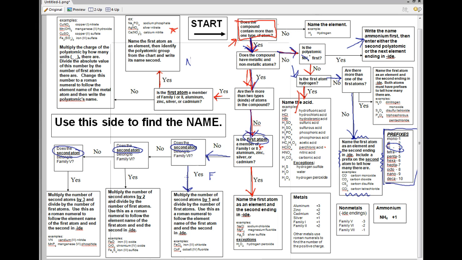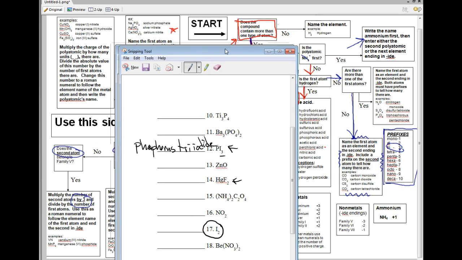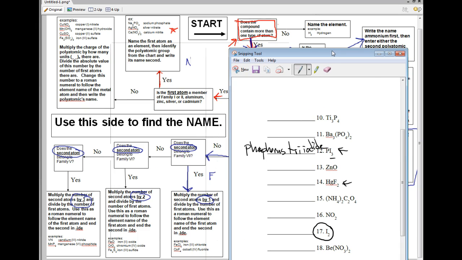So I'm now down here in this box. This might sound a little bit familiar, but multiply the number of second atoms by 1. It seems ridiculous, but it follows this pattern. If you look here, we might multiply by 3, by 2, by 1. So the second atoms I multiply by 1. So I have 2 times 1, that equals 2.